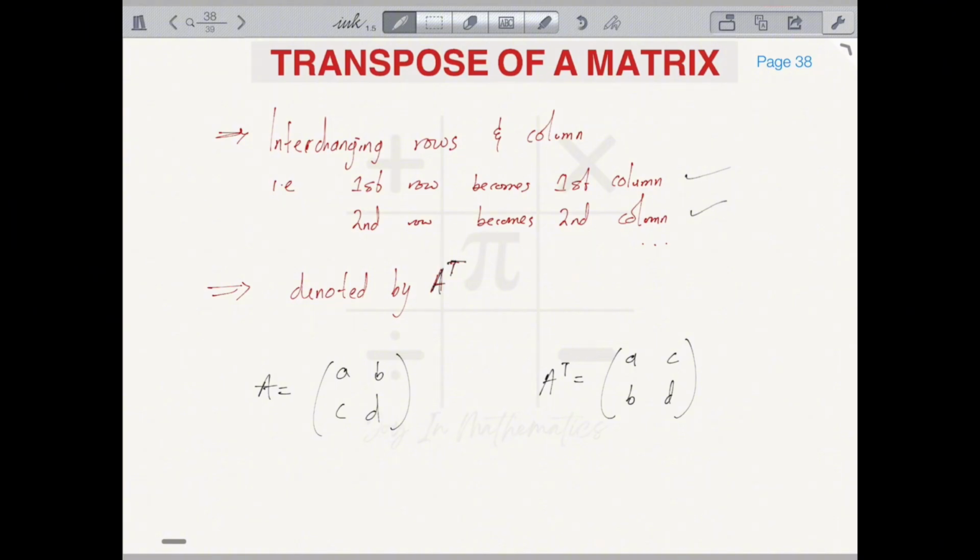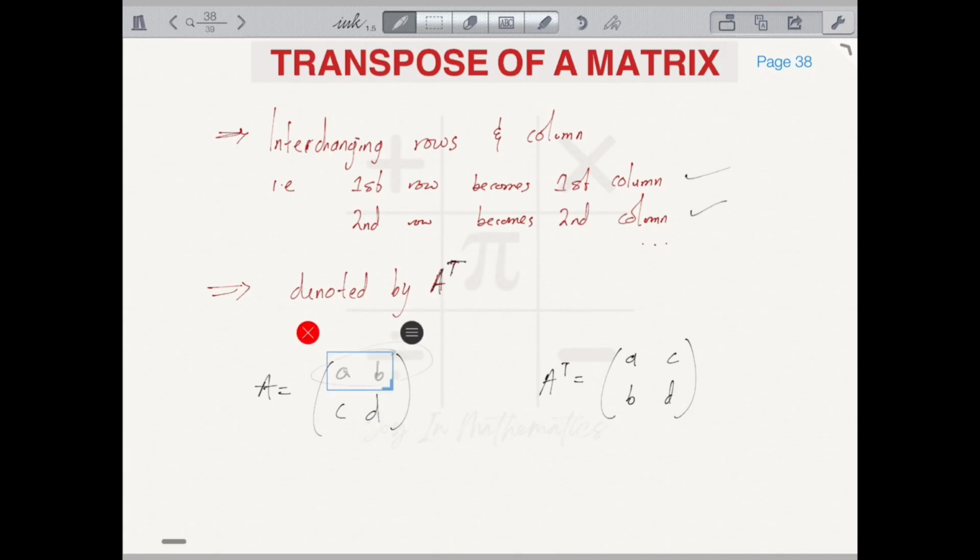Now, let's look at this illustration. If we have A equals AB, CD, where AB is the first row and CD is the second row. In the transpose of a matrix, we are interchanging the rows with the columns. So the first row becomes the first column. Can we see that?